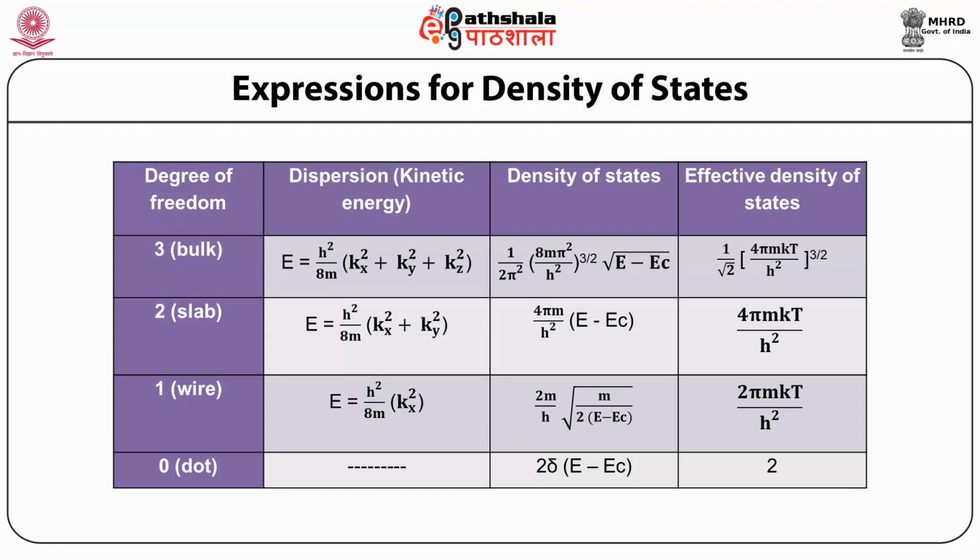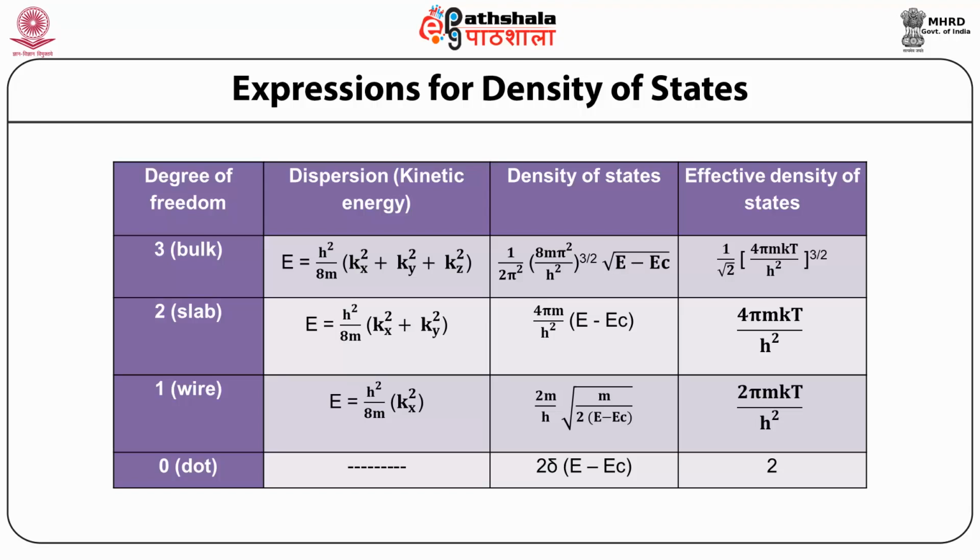If we want to figure out the same thing in the case of a quantum wire, where the degree of freedom is 1, in that case the dispersion kinetic energy E is equal to h square by 8m kx square.